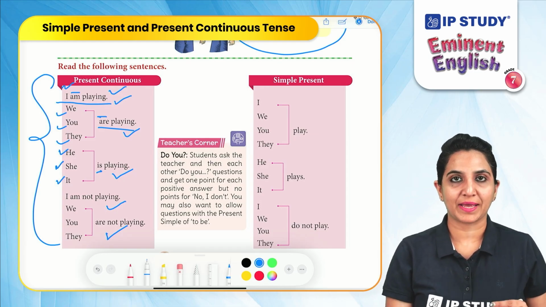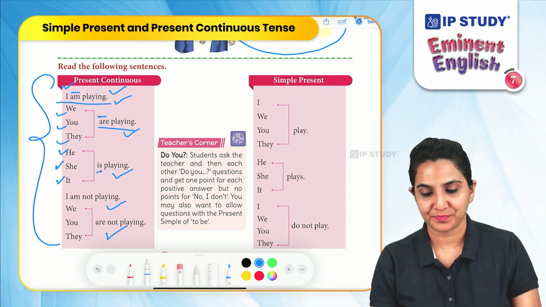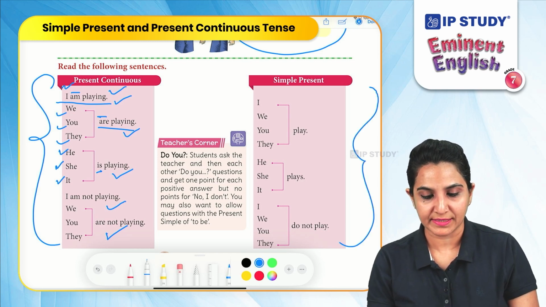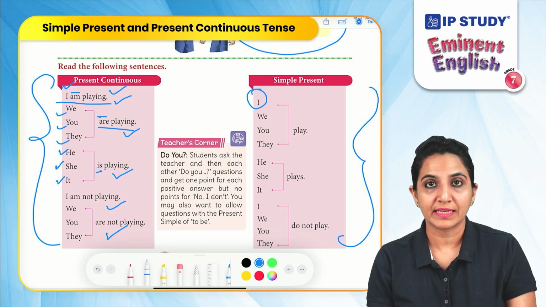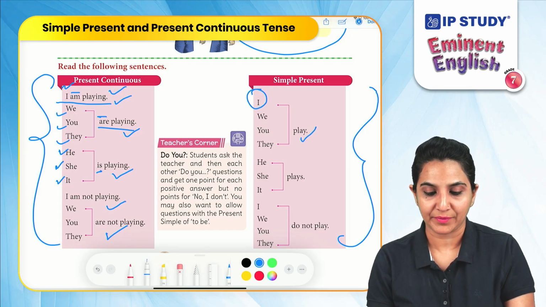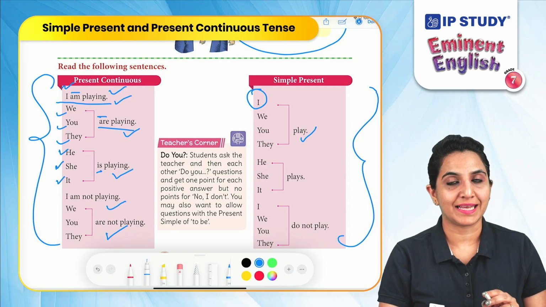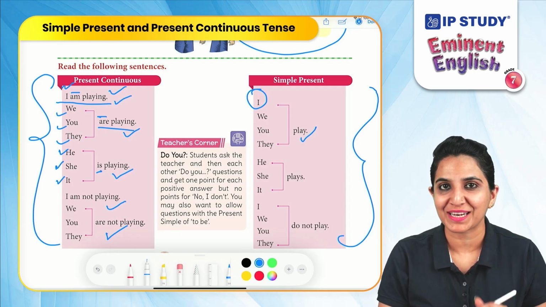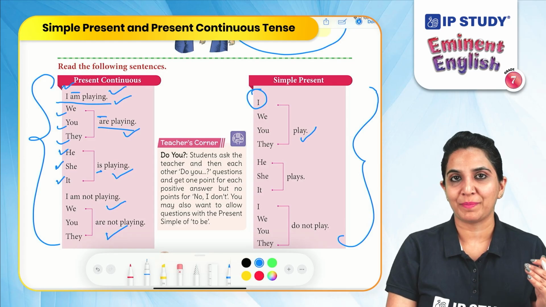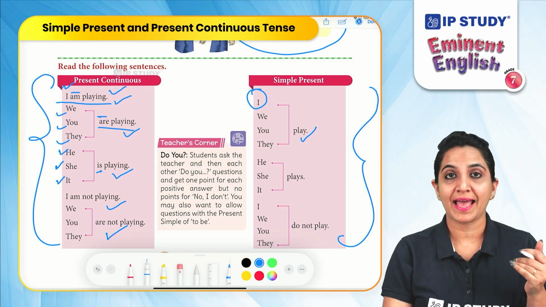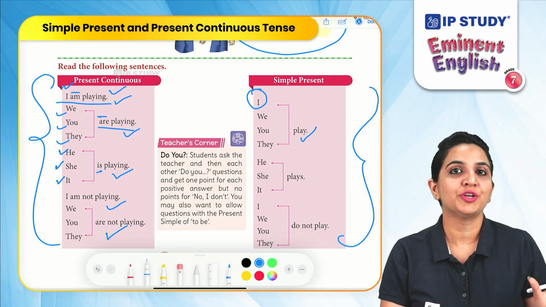Similarly, let's look at simple present tense. With the first person, I, we use the action word play. This is a simple present tense. Do you remember what is the fact about it? Very good. We use it to talk about things which are factual, habitual, or general truth.